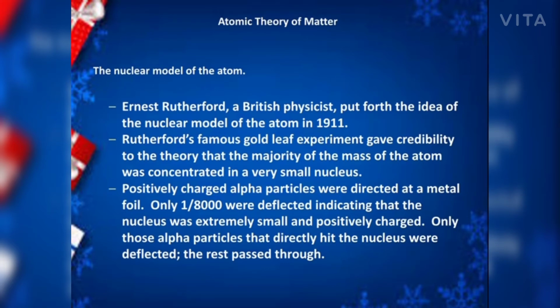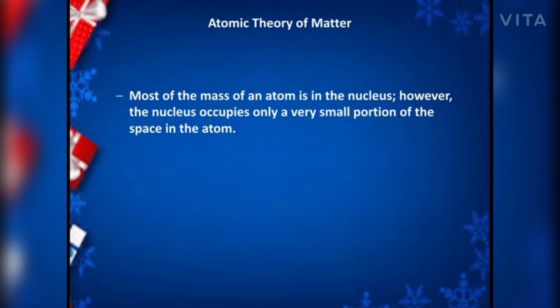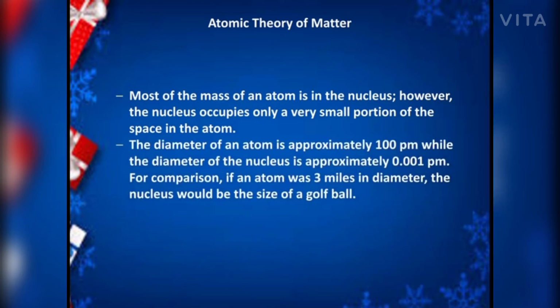Only those alpha particles that directly hit the nucleus were deflected. The rest passed through. Therefore, he concluded most of the mass of an atom is in the nucleus. However, the nucleus occupies only a very small portion of the space in the atom.